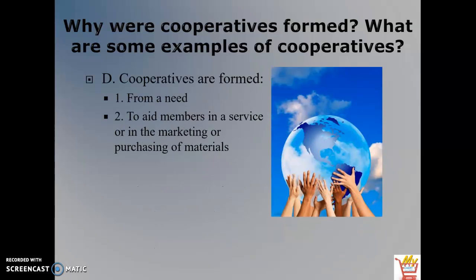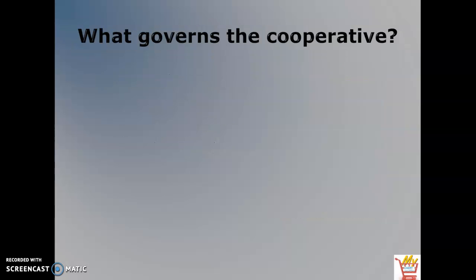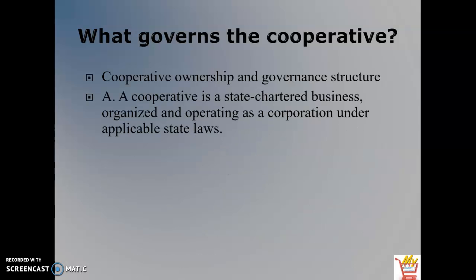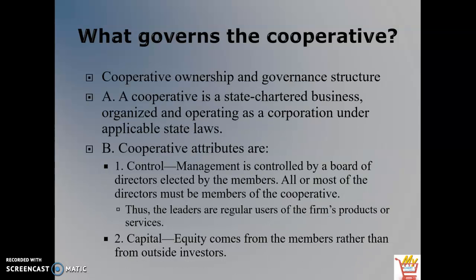So cooperatives are formed from a need, and their ideal is to aid members in a service or marketing or purchasing materials, basically to help their members either buy goods or sell their goods. A cooperative is a state chartered business, organized and operating as a corporation under state laws.